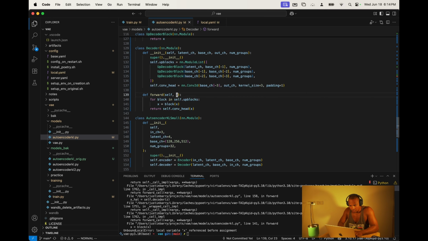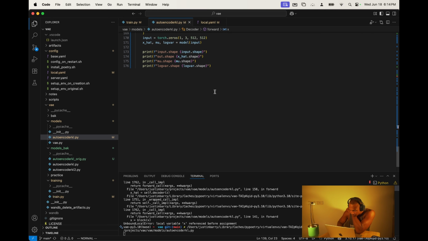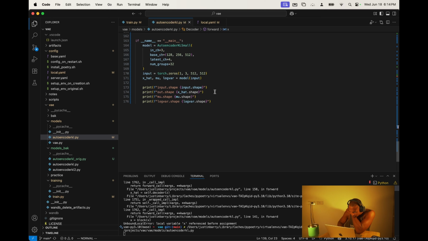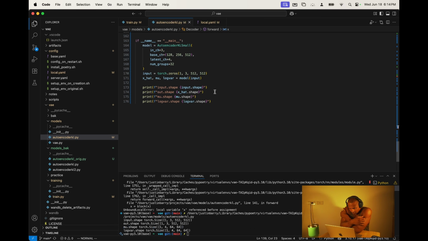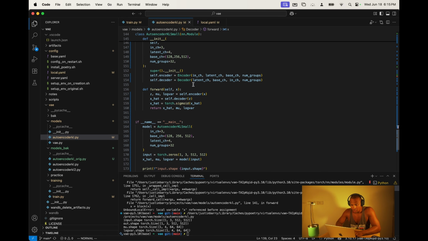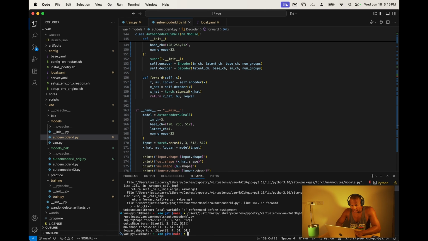I like Z there, but it's fine. Yeah, looks like that's it. The dimensions match, the input shape matches the output shape, and the latents look correct.